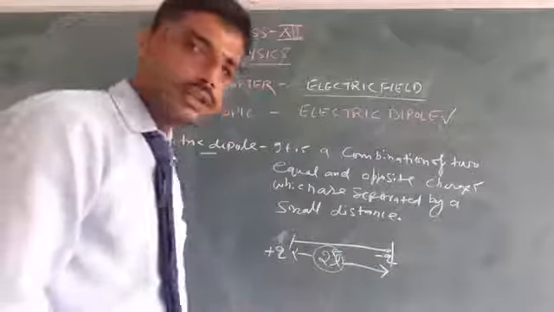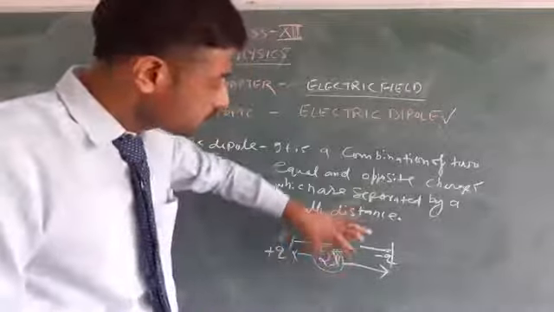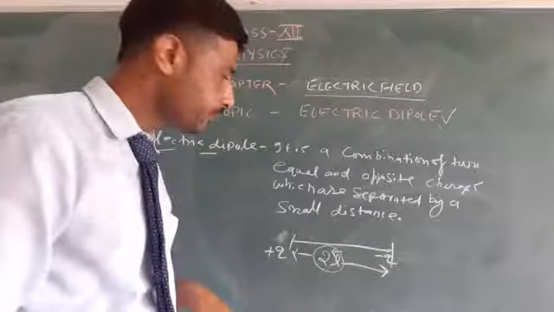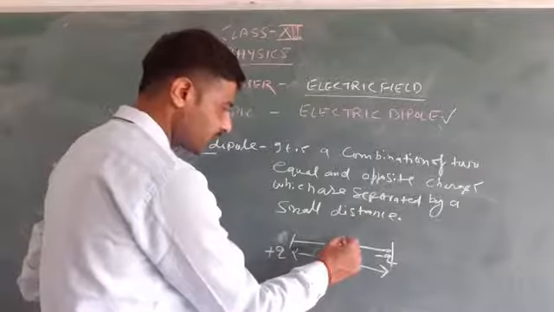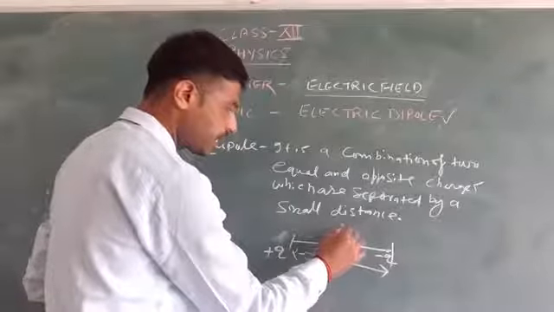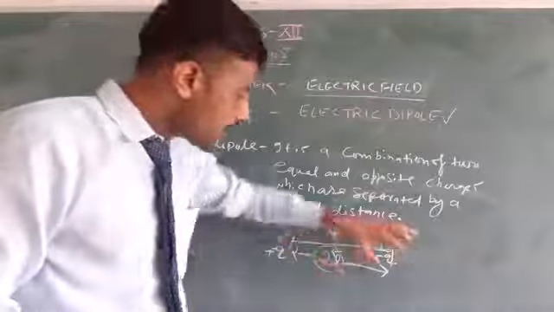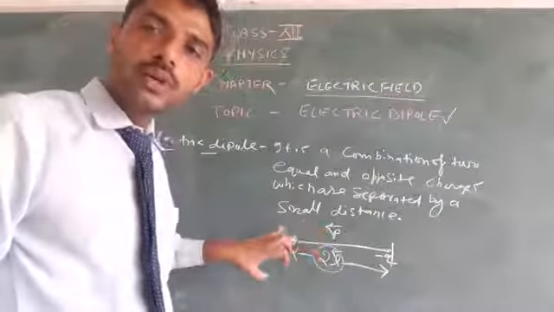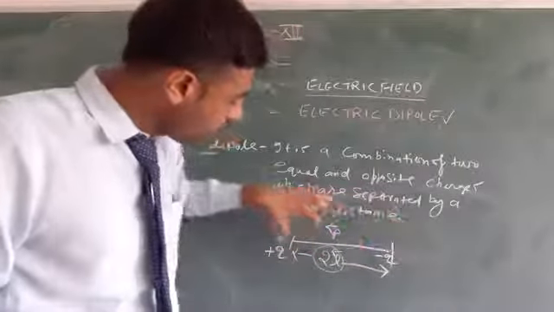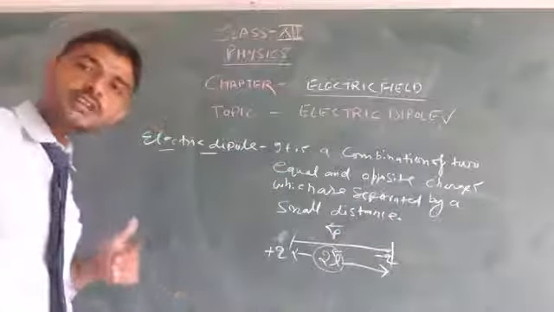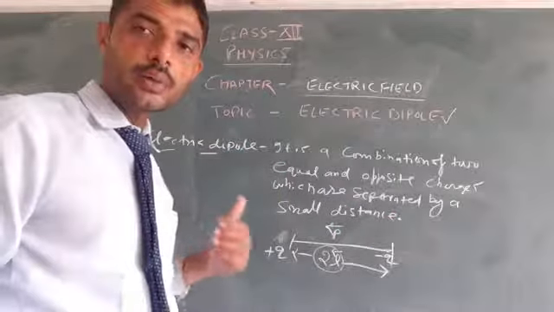The arrow shows the direction of the dipole. Okay, and there is the electric dipole moment, which acts from negative to positive. It means this is the direction of the electric dipole moment.